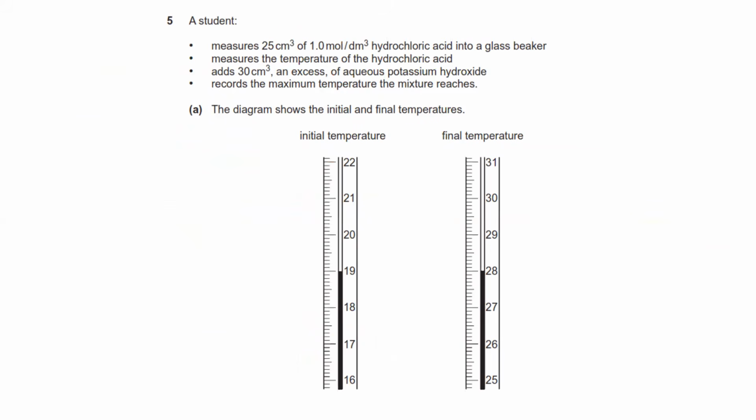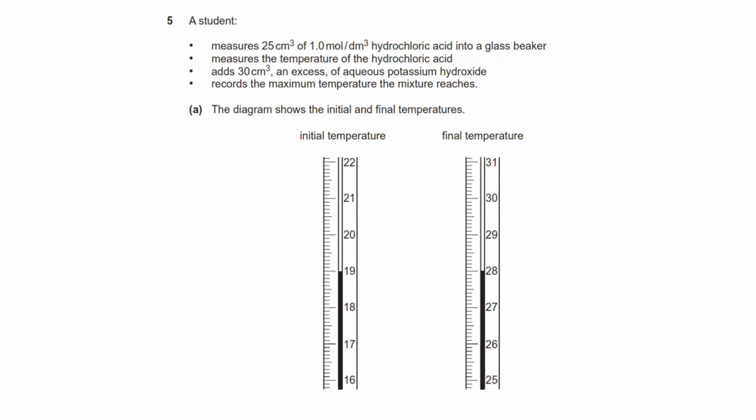It says the student measures 25 centimeter cube of 1 mole per decimeter cube of hydrochloric acid into a glass beaker. Then it measures the temperature of the hydrochloric acid. Then it adds 30 centimeter cube of excess aqueous potassium hydroxide, and records the maximum temperature of the mixture.